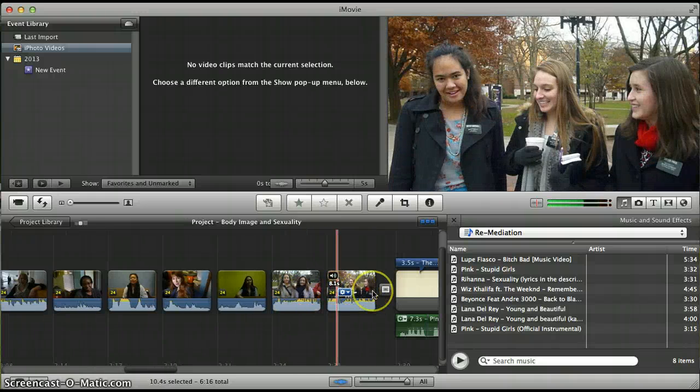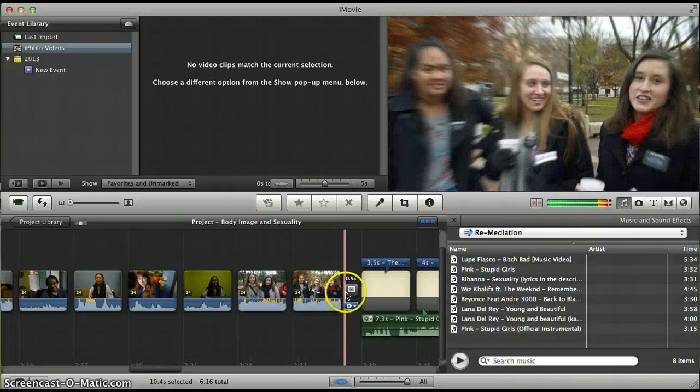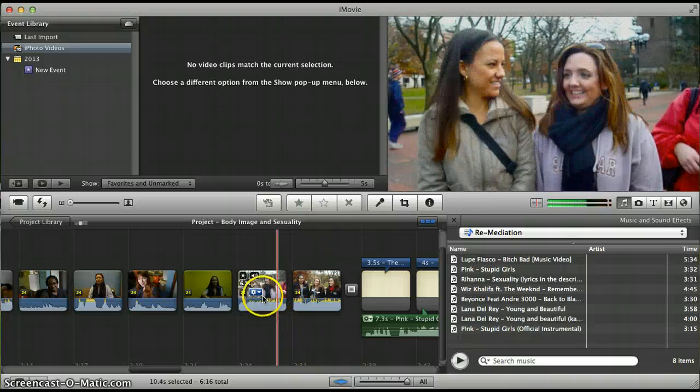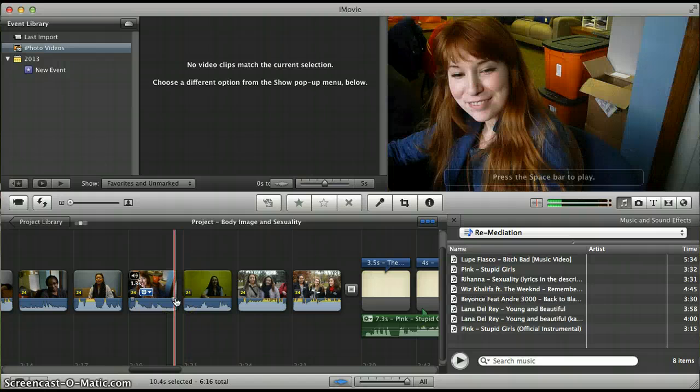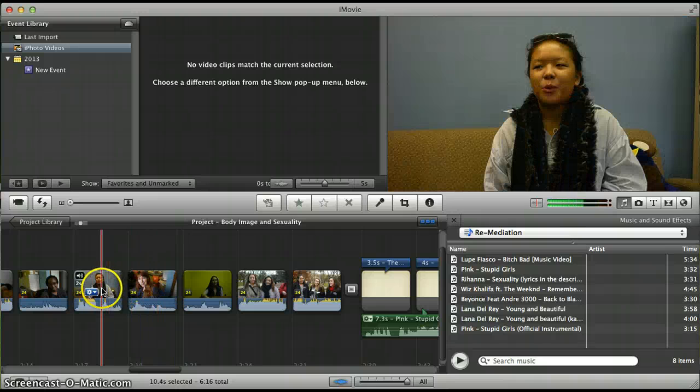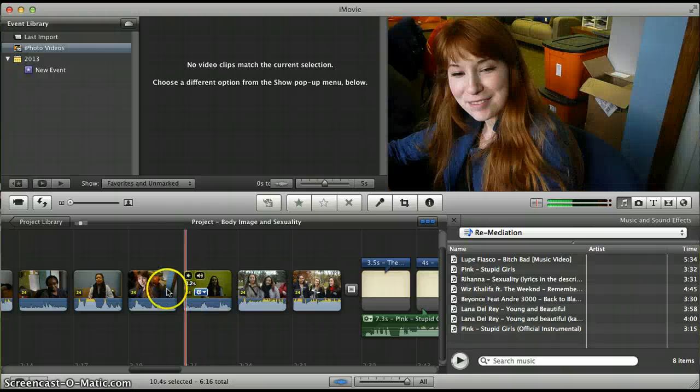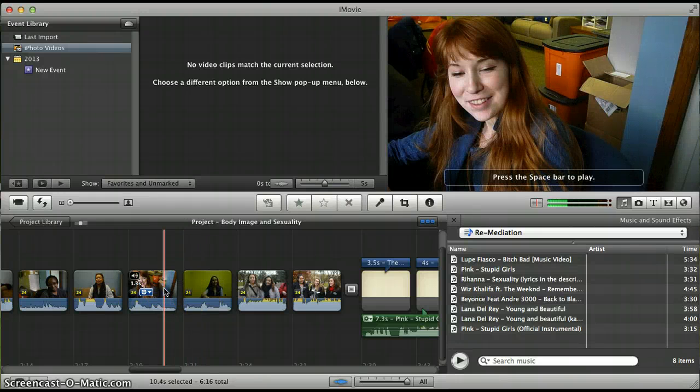And then after those, actually, going back to these, I didn't put any transitions, as you can see, between these. I did that based off something that I had seen in an example video. They're very short. You can see this one's 1.3 seconds, this one's 2 seconds, 3.2 seconds, very short little clips of people's responses to that question.